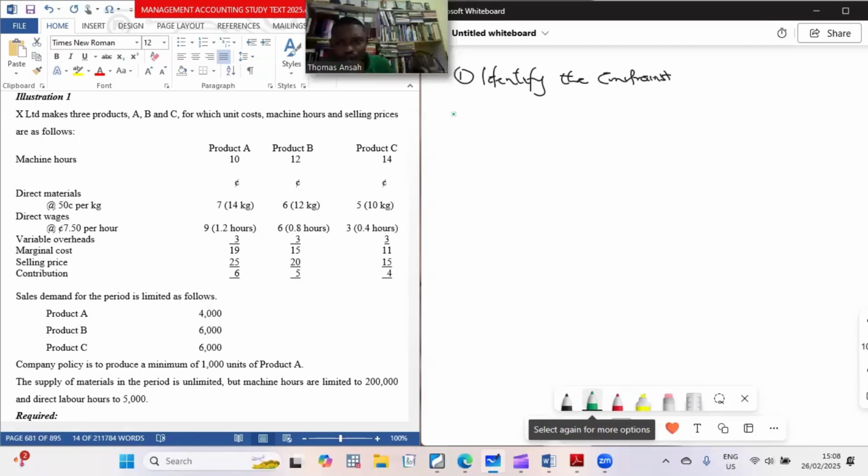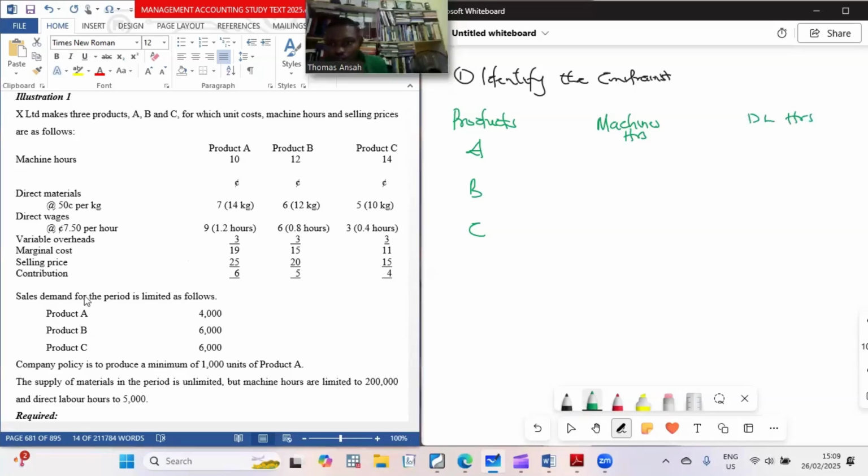So what are the products? We have products A, B, and C. Then we are told the direct machine hours, then direct labor hours.